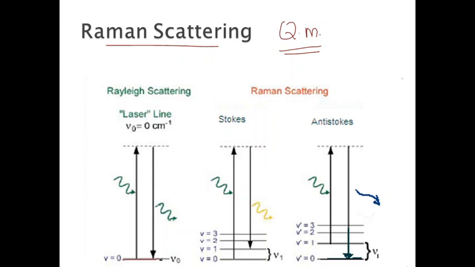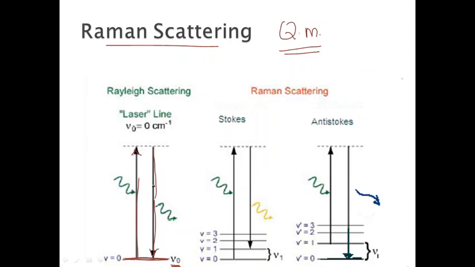Initially the energy of the molecule which is scattering the light is at this level, corresponding to frequency nu 0. The incident photon will excite this molecule to a higher level, and after a very small time, it will re-emit this photon, thereby getting de-excited to the initial level.